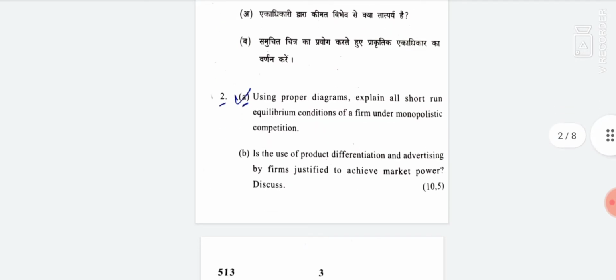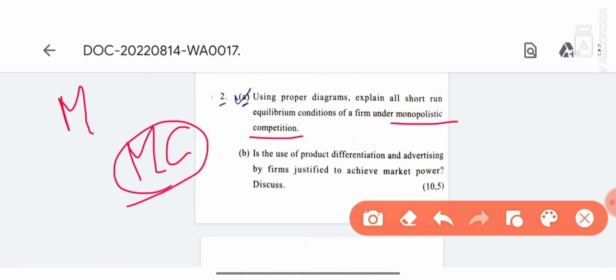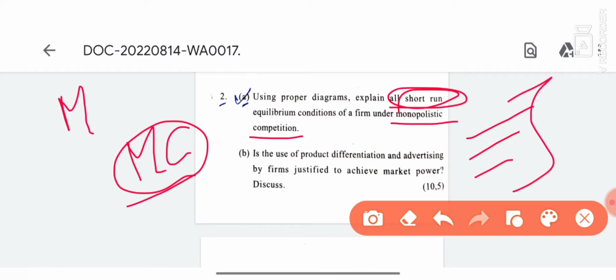The second question is: using proper diagrams, explain all short-term equilibrium conditions of a firm under monopolistic competition. So this is from the monopolistic competition chapter. That was from the monopoly chapter. So you need to draw the short-run diagrams: the diagram of supernormal profits, normal profits, and the loss of the short-run equilibrium condition.